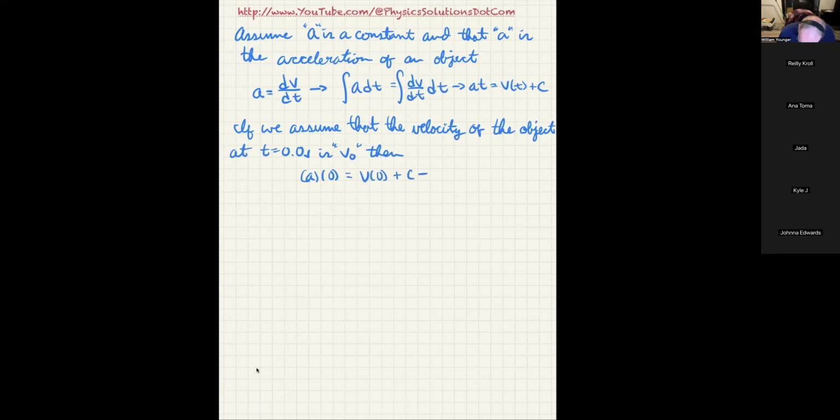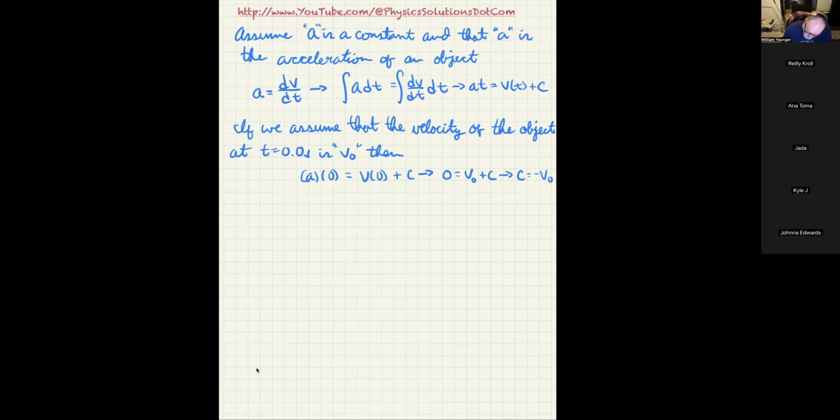But v of 0 is equal to v0, so we see 0 is equal to v0 plus c, which means c must equal negative v0.